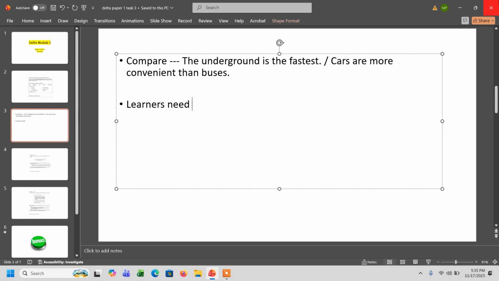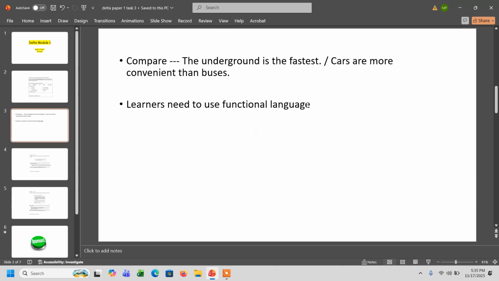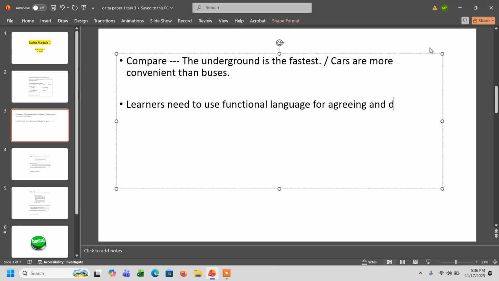This is what I would like to tell you. Learners need to use functional language for what? Let's have a look at the question again. Because they need to discuss, they will say, yes, I agree, or no, I don't agree, you're right, you're wrong, something like that. Because they are elementary level learners, functional language for agreeing and disagreeing.